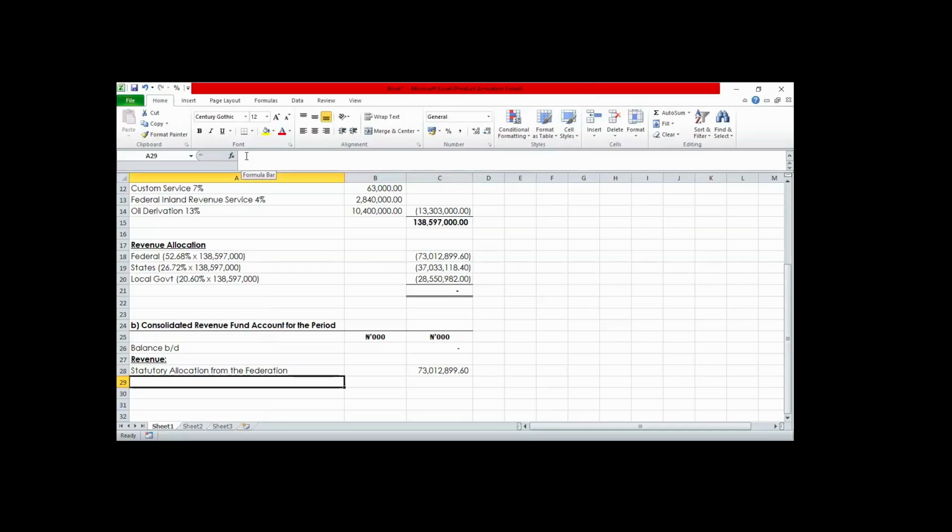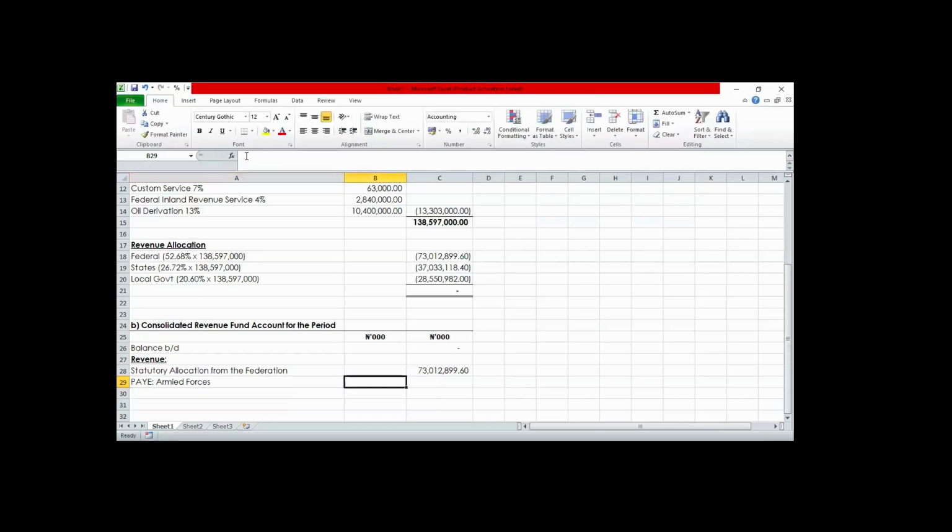Now, what are the other revenues in the question? Check the question. Give them to me. Deduction from the emolument of the armed forces. The first one is federal. Deduction from the emolument of the armed forces.